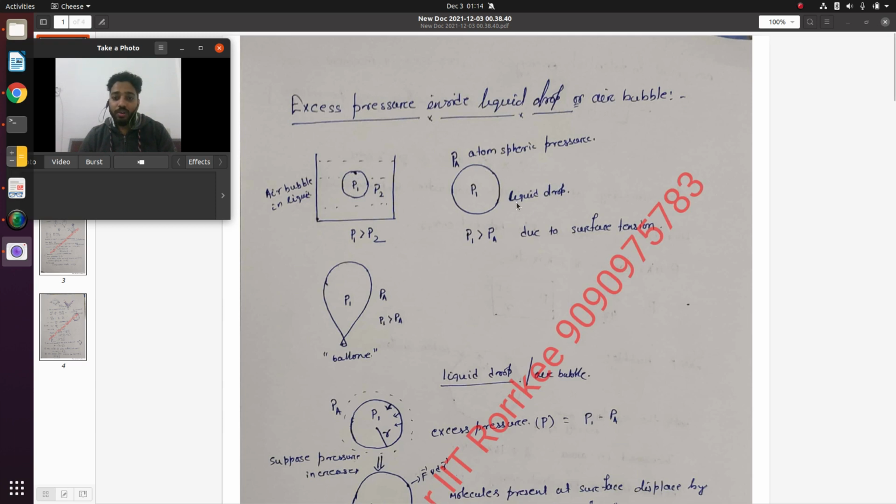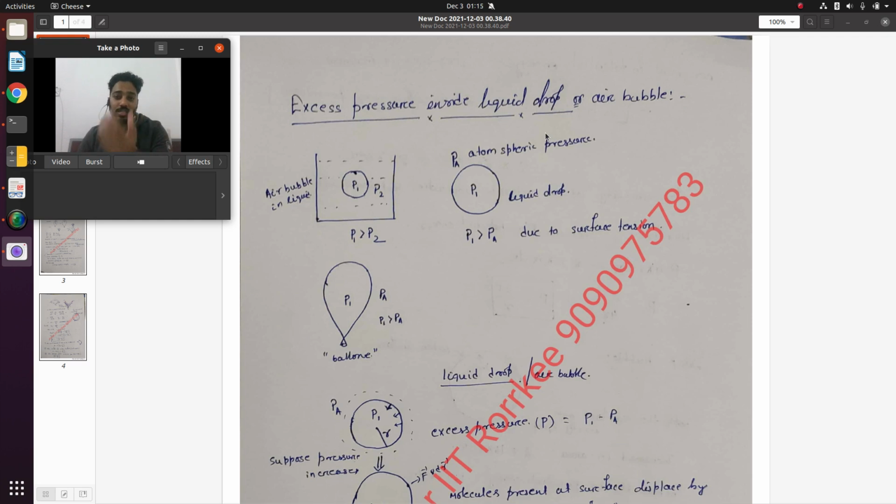In the liquid drop present in the atmosphere, inside this sphere only liquid is present, but the outer surface is in contact with air. So how many surfaces are in contact with air here? Only one. For the liquid drop it is the outer surface, for the air bubble present inside a liquid it is the inner surface. So for both cases only one surface is in contact with air. This is the same type of problem, liquid drop or air bubble.